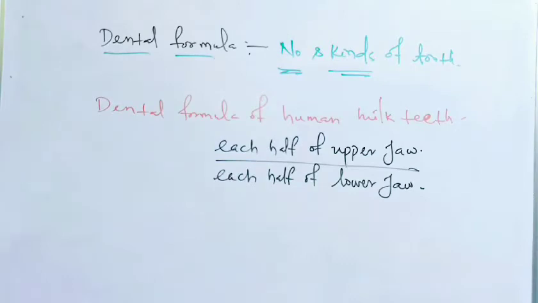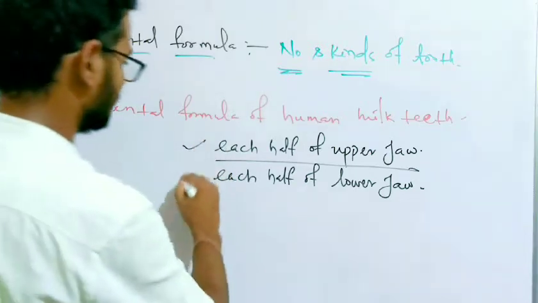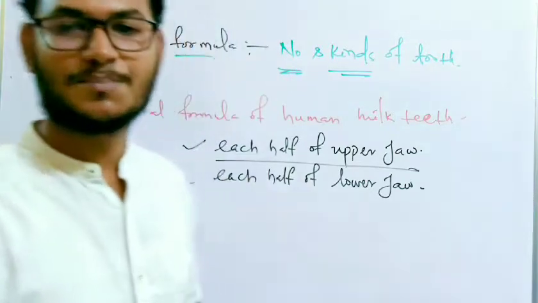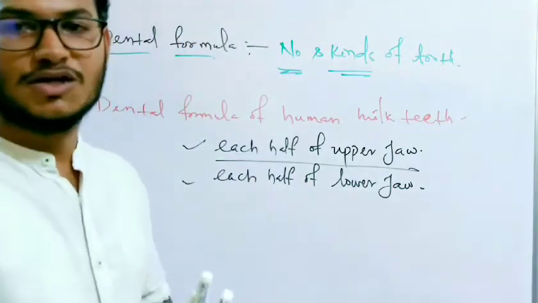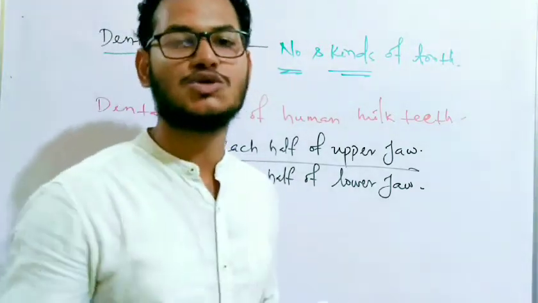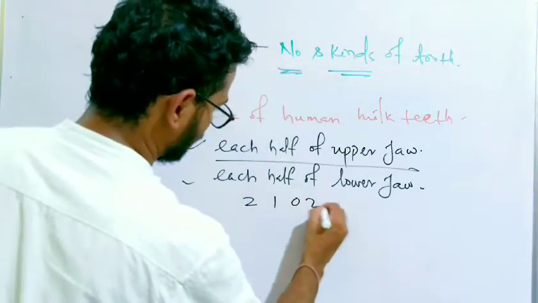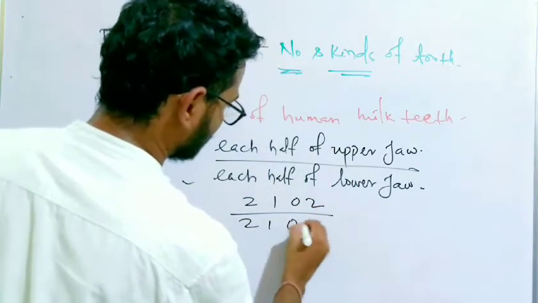This is the dental formula where we represent it with each half of upper jaw divided by each half of the lower jaw. So in case of milk teeth of human, we have the formula 2102 by 2102.